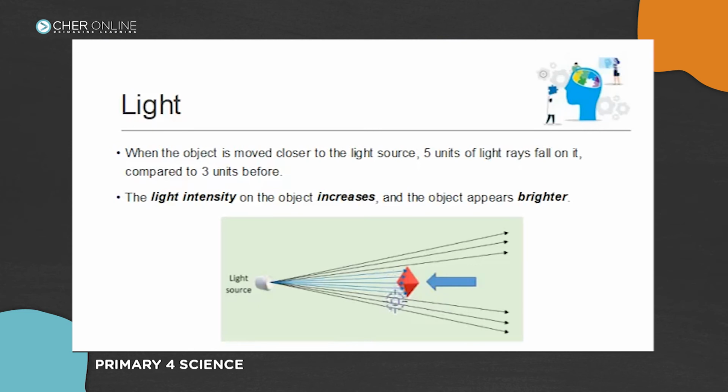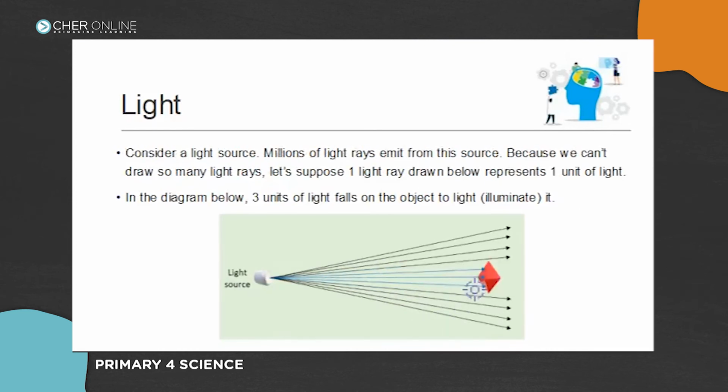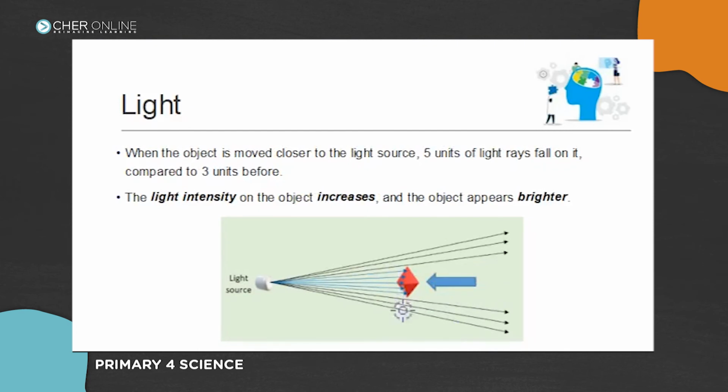Instead of three light rays, there are five light rays falling on the object. Let me show you again so you can see the comparison. At first, there are only three light rays falling on the object. When you bring the object closer, there are five light rays falling on it. So we say that the intensity is greater.